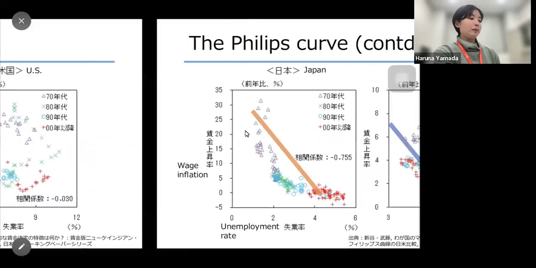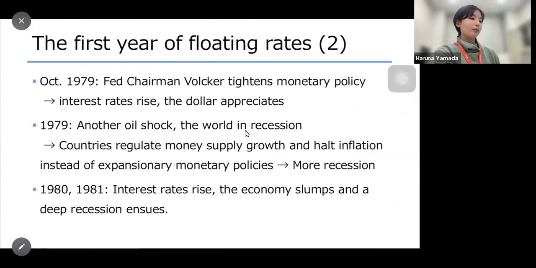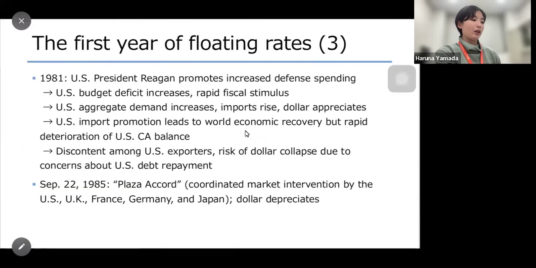And also the tightness of monetary policy, another oil shock, and higher interest rates around the world. And also President Reagan's promotion of defense spending. And also in 1985, the Plaza Accord was signed.